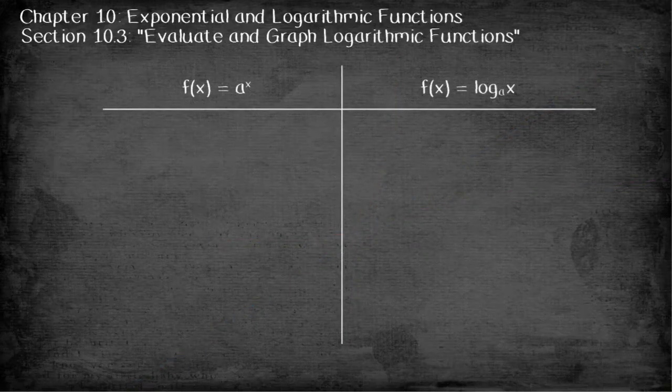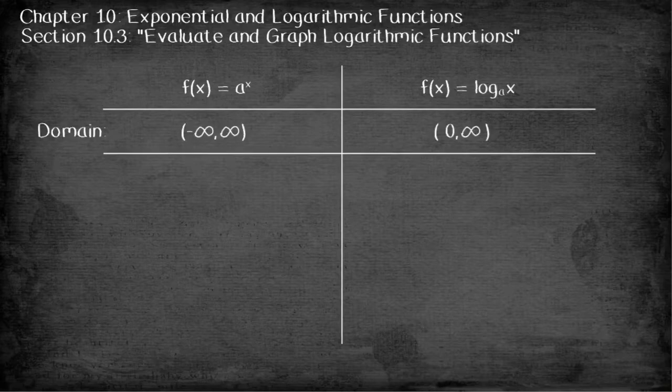So let's summarize and compare a little bit the exponential and logarithm. We're going to get our hands dirty, so to speak, next section when we work with properties of logarithms, but the domain for these two functions is different, right? For a to the x, I can plug in any real number that I want and get a real number back.